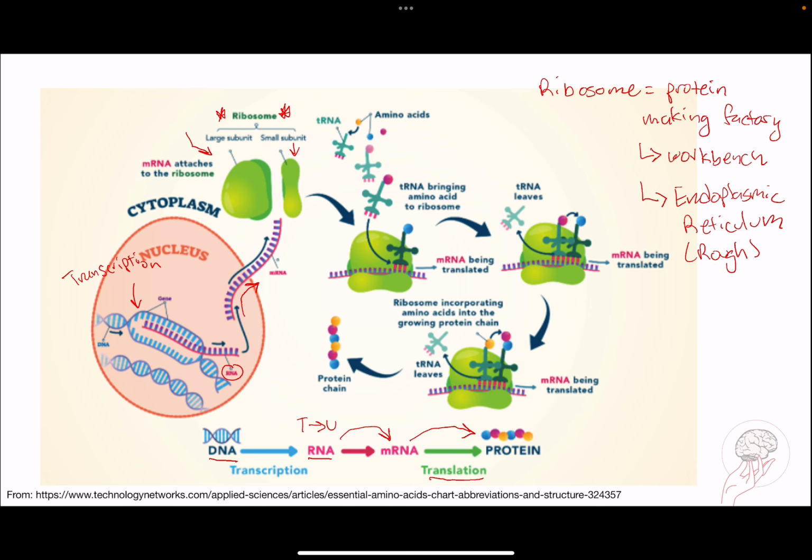So our mRNA goes to our ribosome. Our ribosome forms its two units together, and it then recruits tRNA, transfer RNA. The tRNA has a set of three codons that are unique to each amino acid.